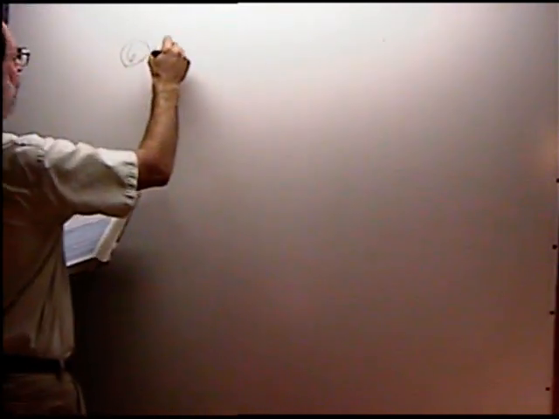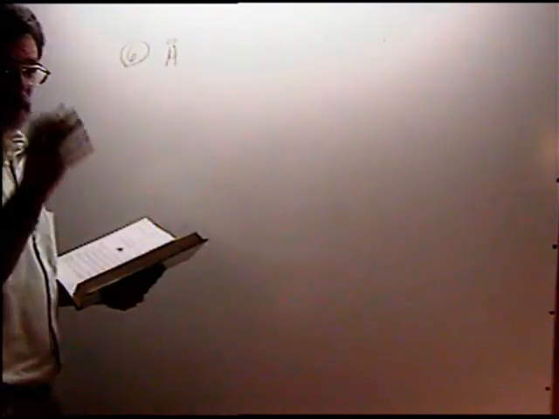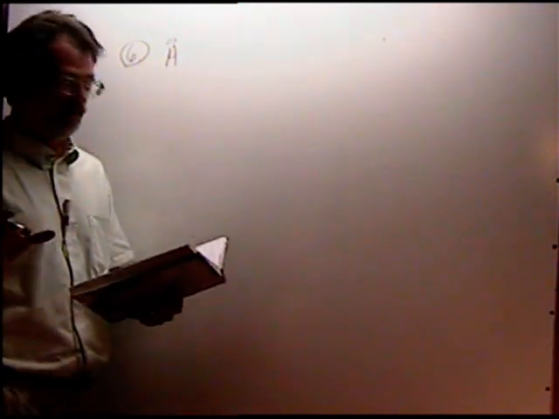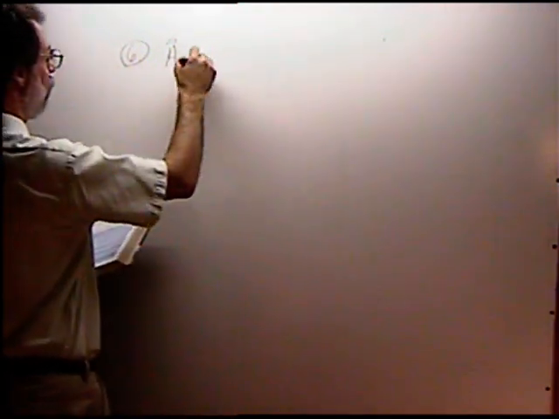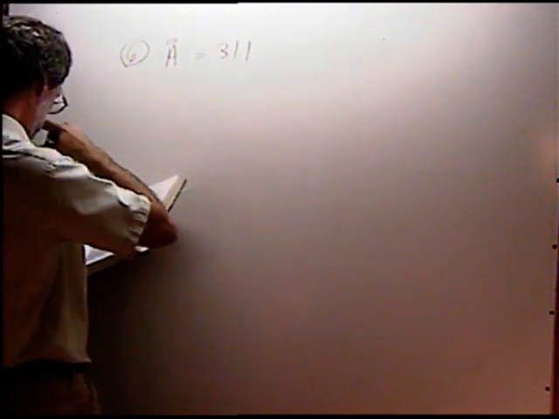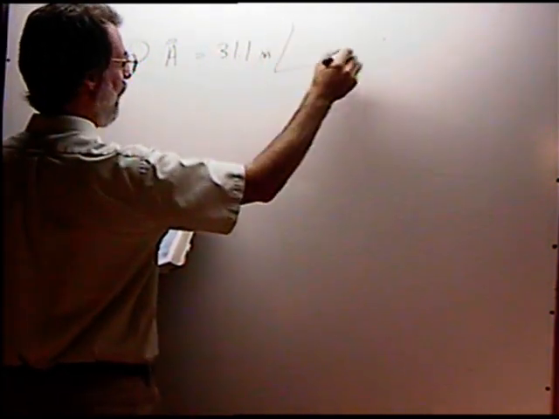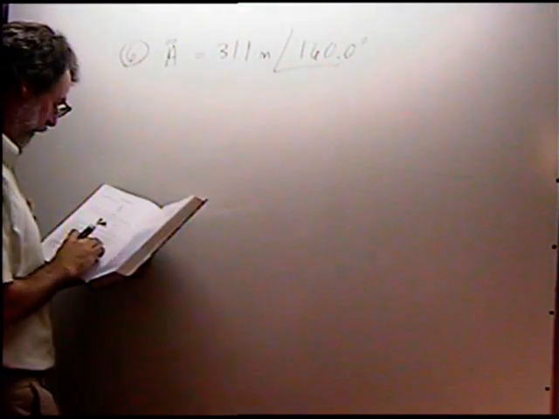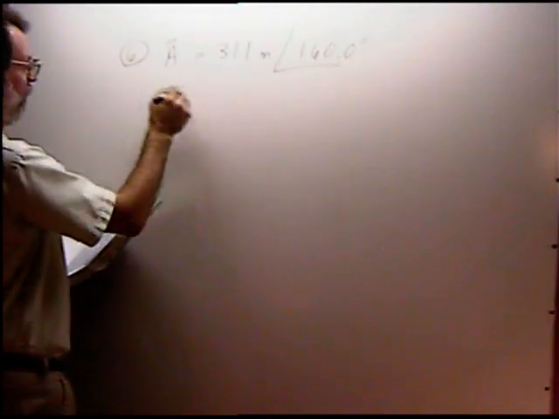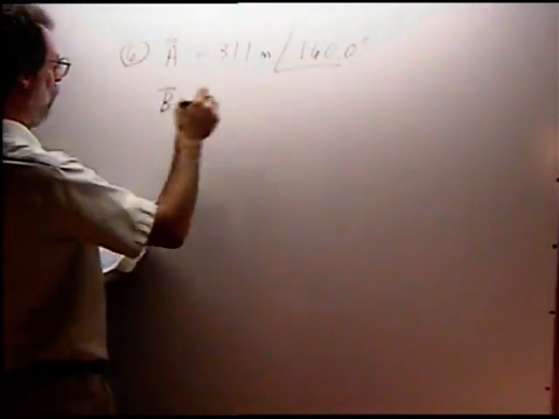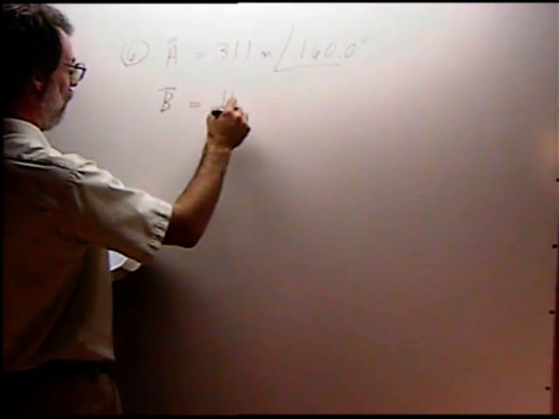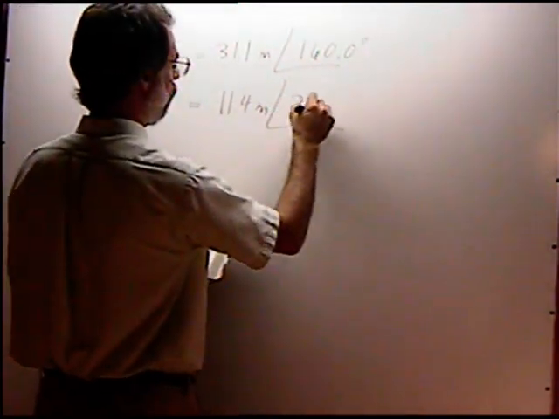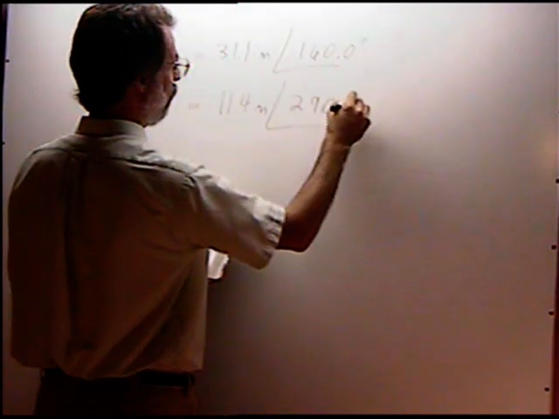Okay, vector A, in fact, I'm going to write it in this notation right now because it's a very quick and efficient notation in which to write these vectors. Vector A has a magnitude of 31.1 meters at an angle of 160.0 degrees, and vector B has a magnitude of 11.4 meters at an angle of 290 degrees.